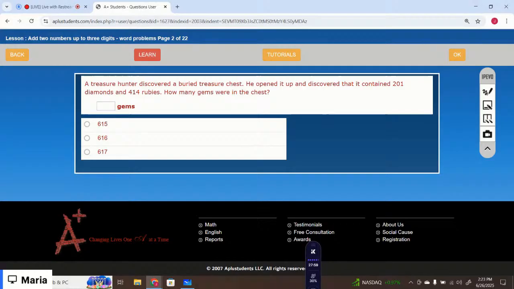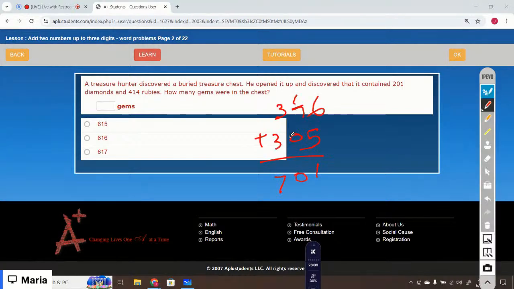A treasure hunter discovered a treasure chest. He opened it up and discovered that it contained 209 diamonds and 440 rubies. How many gems were in the chest? That is 209 plus 440, so which is the correct option?